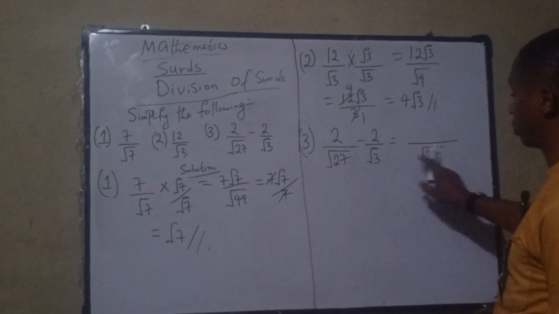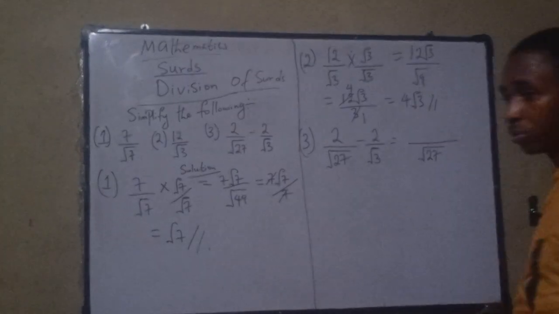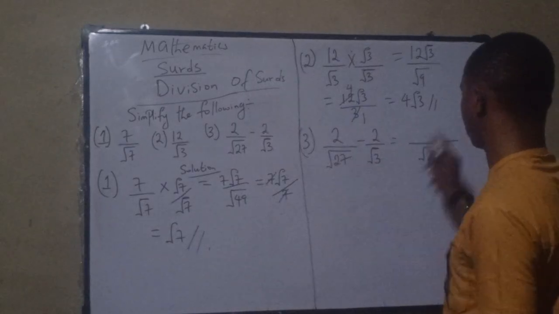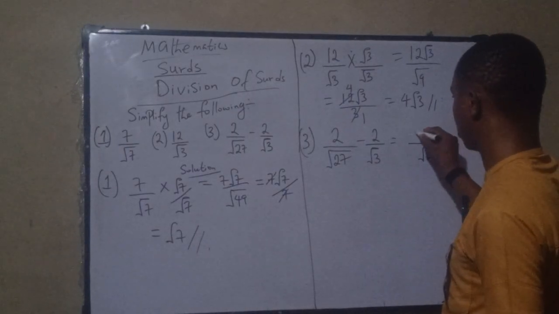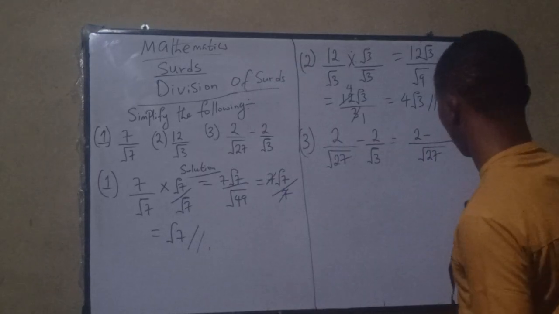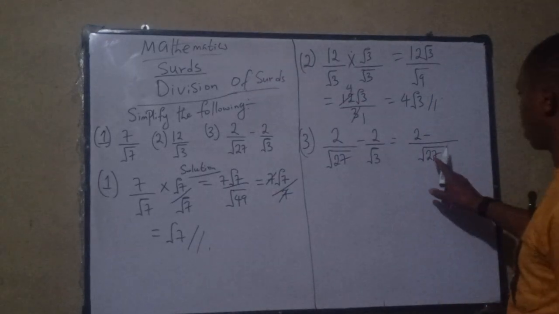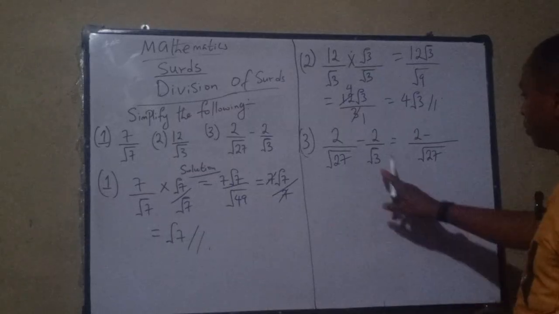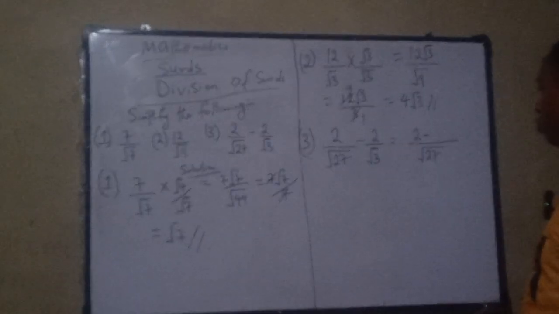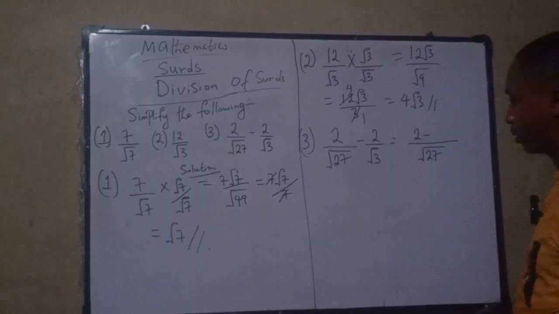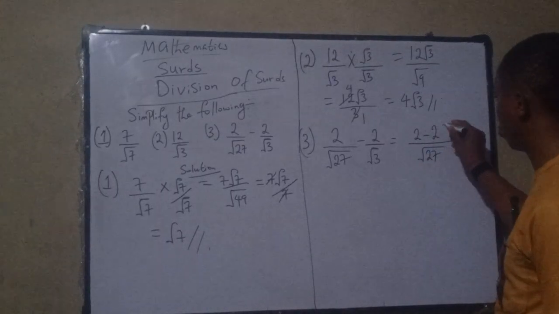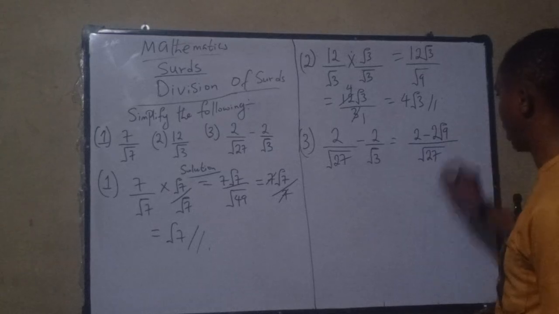Root 27 divided by root 27 will give you 1. 1 times 2 will give you 2. Then minus, root 27 divided by root 3 will give you root 9. Root 9 times 2 will give you 2 root 9.